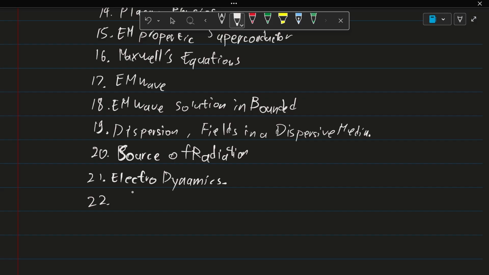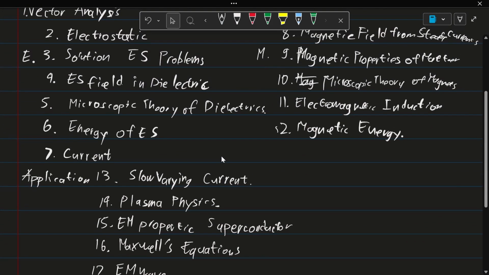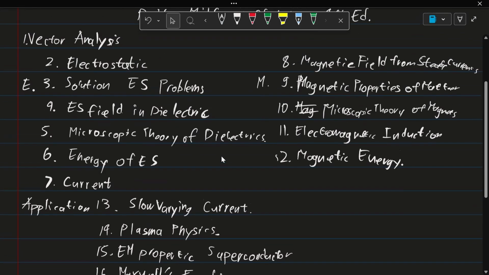And finally, this will be the special theory of relativity, in which it comes from Maxwell's equations that we will later discuss. And so these are the entire chapters that we'll be discussing throughout the series.